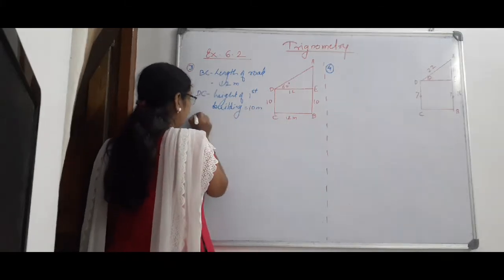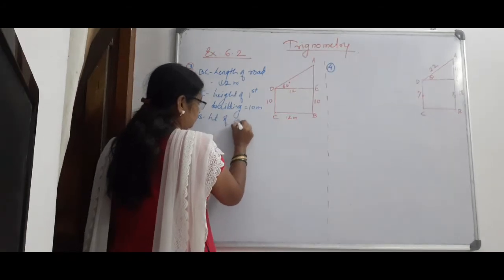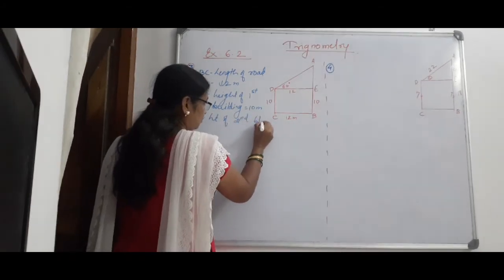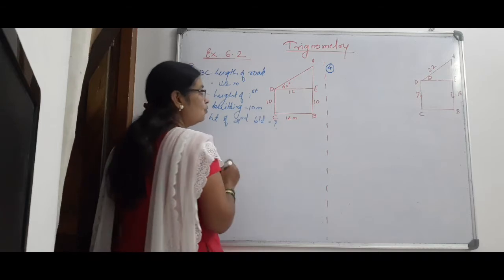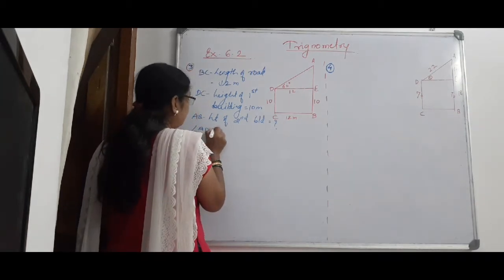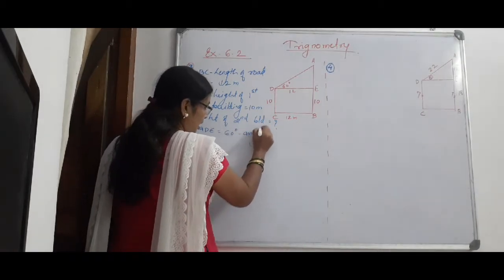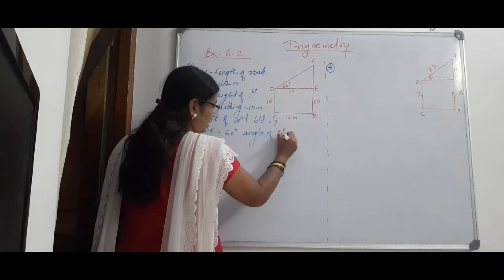Then AB, height of second building, that you have to find. And what is the angle of elevation? ADE is equal to 60 degree. Angle of elevation.